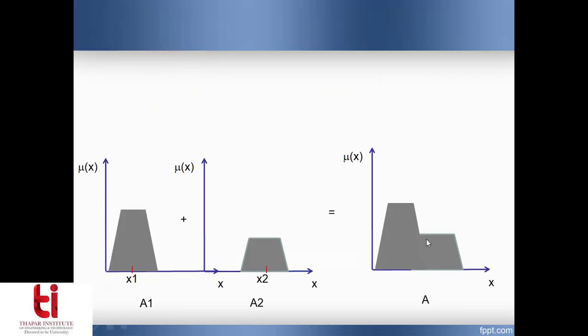So basically this aggregated output is coming from the two fuzzy sets. So let this be having the area A1, let this be having the area A2. Let's assume that the centroid of this area A1 is X1 and the centroid of this fuzzy set identified with area A2 is X2.